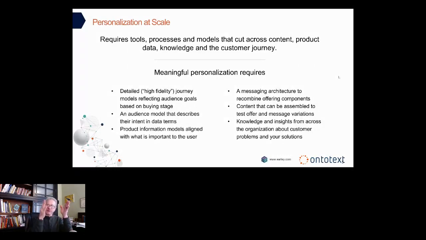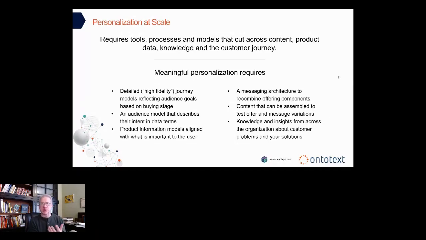We want three separate orthogonal facets: role, region, intent or goal. A lot of times you'll see people smushing together all those possible combinations.